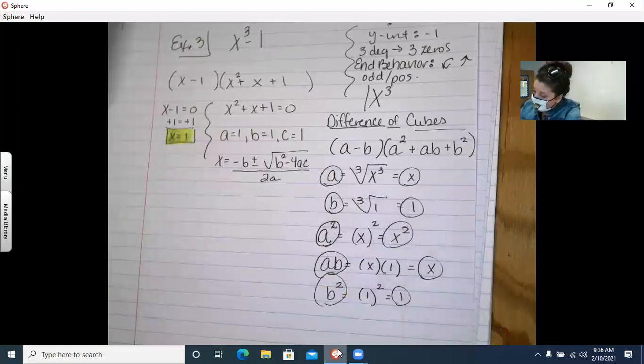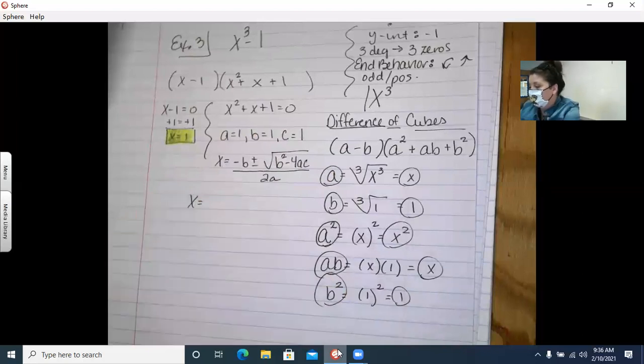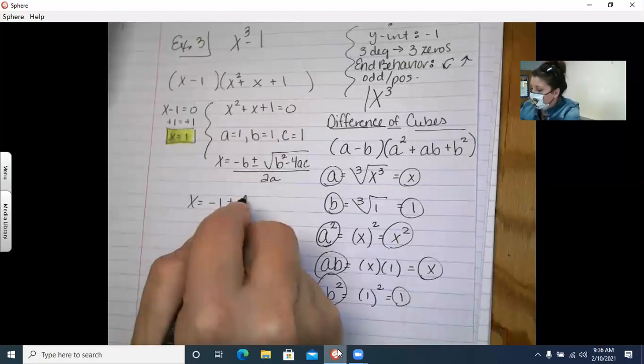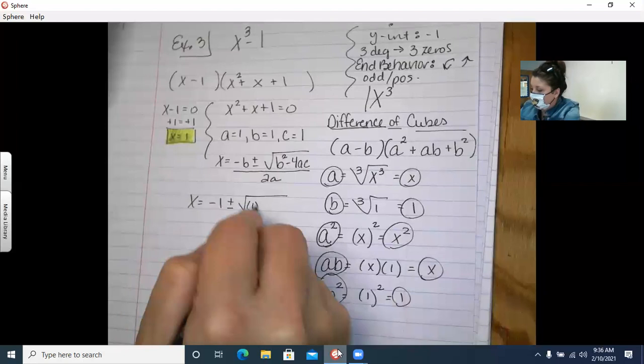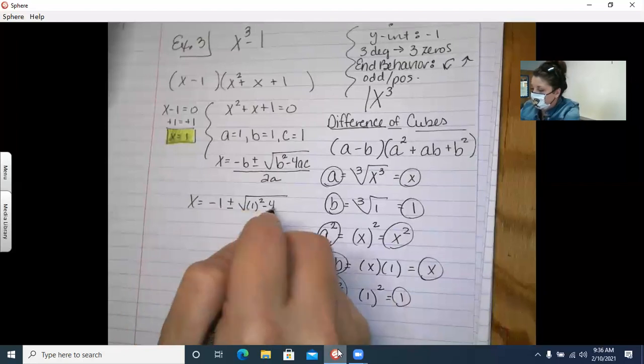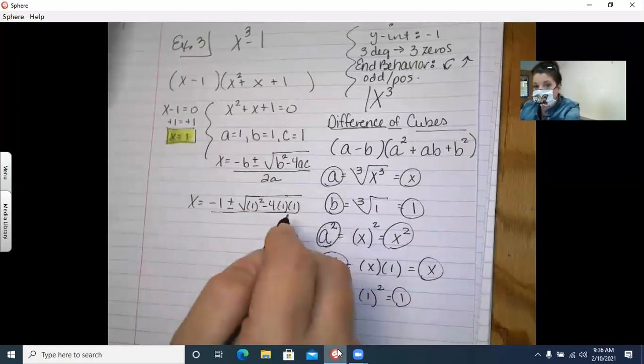All right, x equals, what are we going to put in for negative b? B's positive 1. Negative 1. Got to change the sign, right? Plus or minus the square root of 1 squared minus 4 times a is 1 times c is 1 all over 2 times 1.